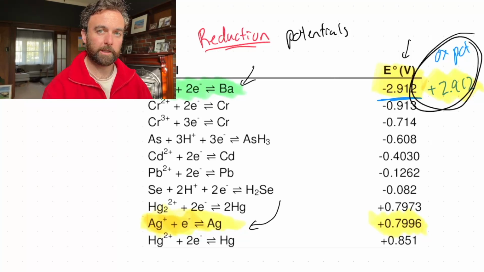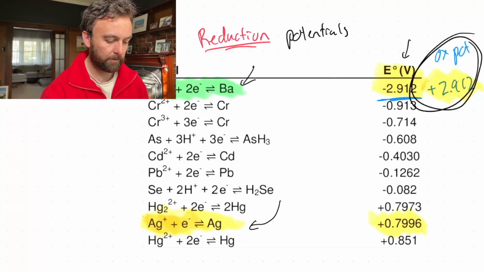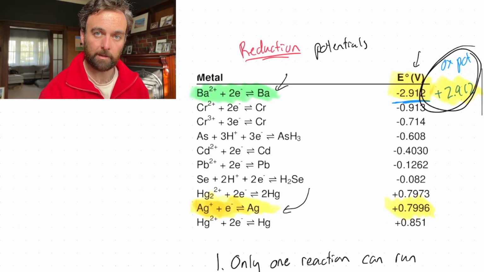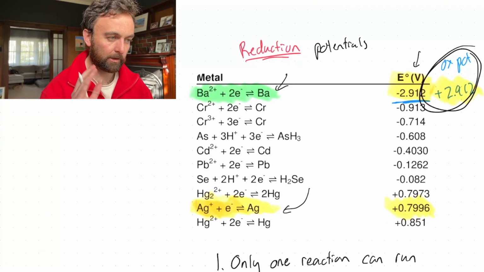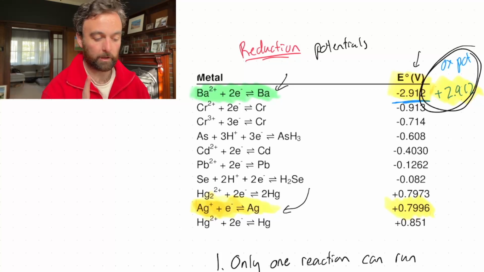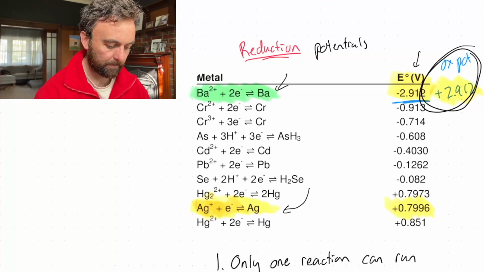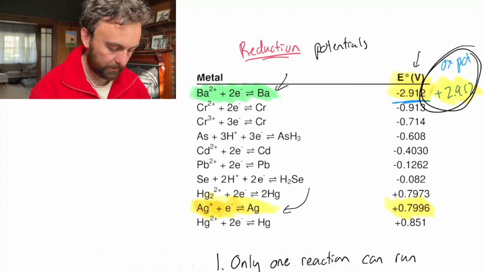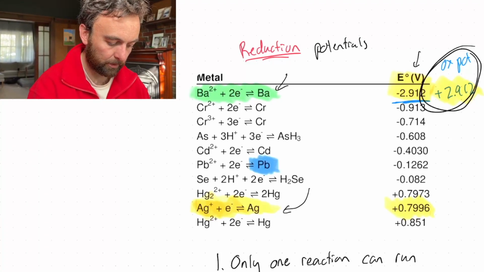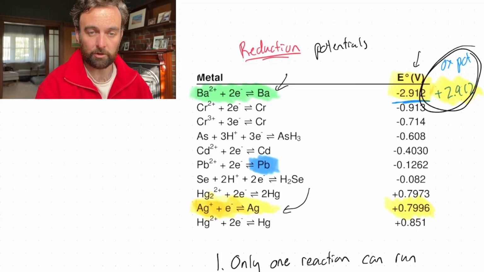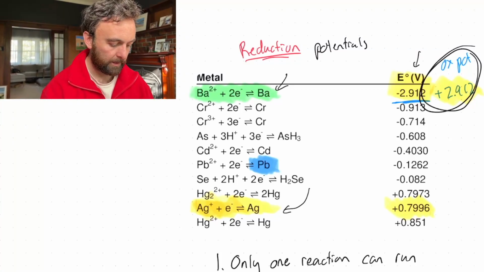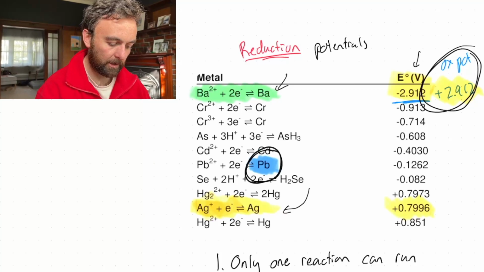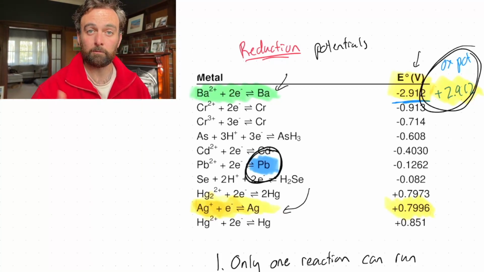Now, unfortunately, that's not the end of the story. That's if you had all of the ions in the solution, but sometimes they are a little bit tricky and they only give you one of the ions. So they might say, if you added Pb solid, for example this one here in blue, to the Ag, what would happen? Now that's a little bit tricky because this Pb here has actually already been reduced.